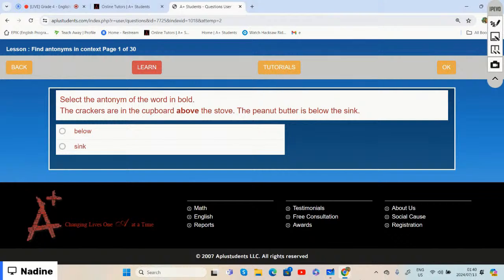So the opposite of above, is it below or is it sink? The opposite of above.